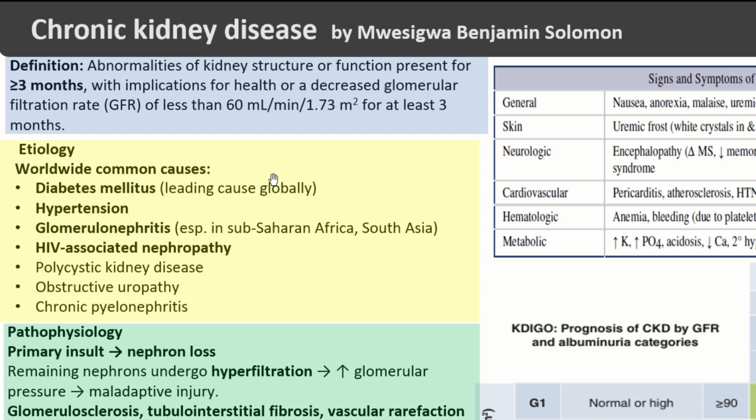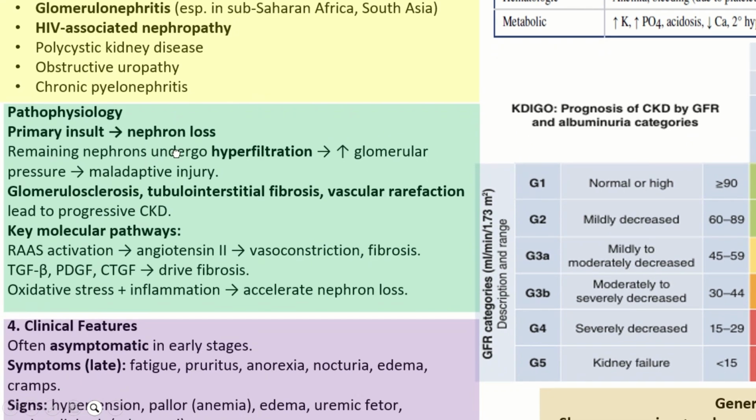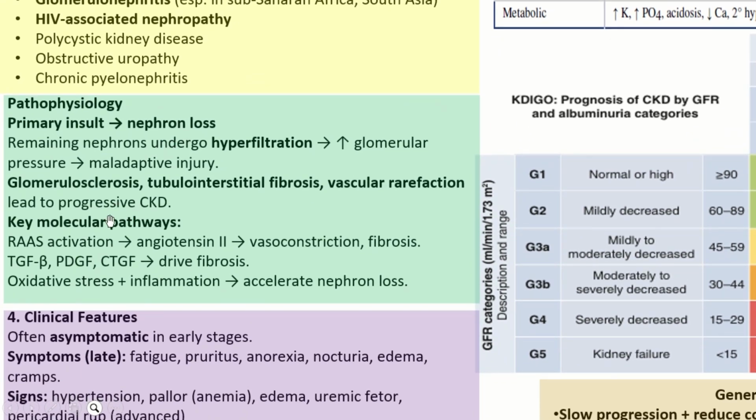As this continues, we are going to have an increased glomerular pressure. And that increased glomerular pressure is going to put a lot of pressure on the walls of the capillaries found in the glomerulus. And this is going to lead to injury of those capillaries, what we call glomerulosclerosis.